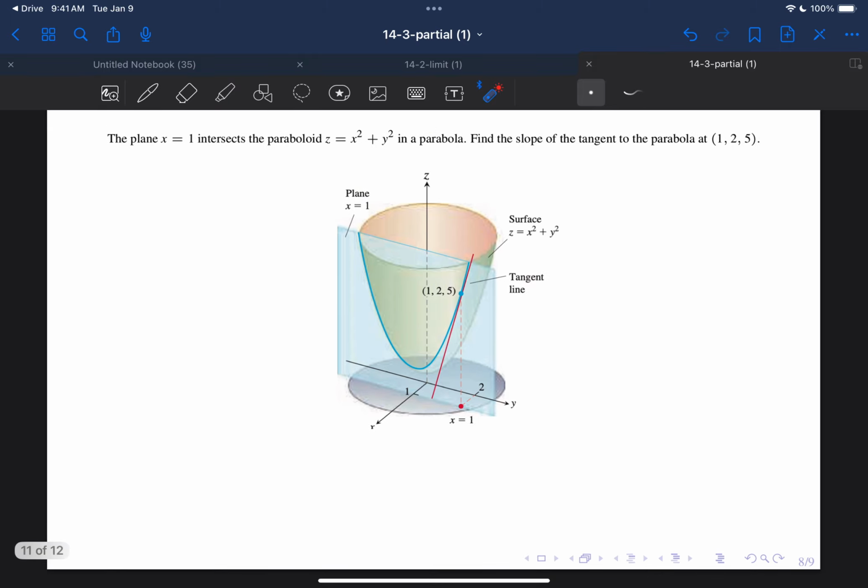I want to know what the slope is. This one is relatively easy as long as you understand what they ask for. So the slope of this tangent line, because x equals 1 is the whole plane, x is frozen at 1. So the slope is actually looking for the derivative with respect to y.